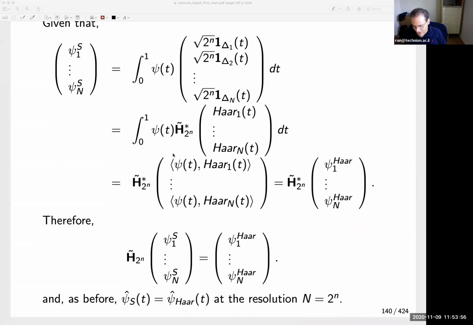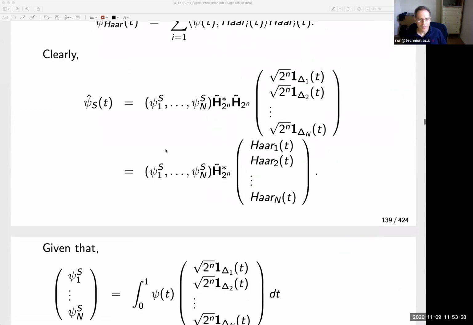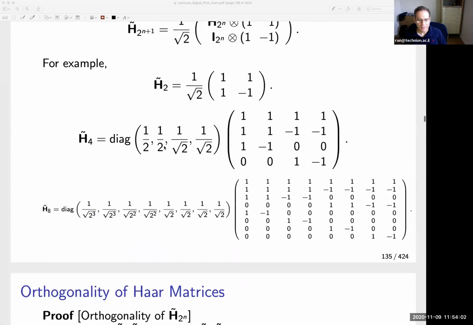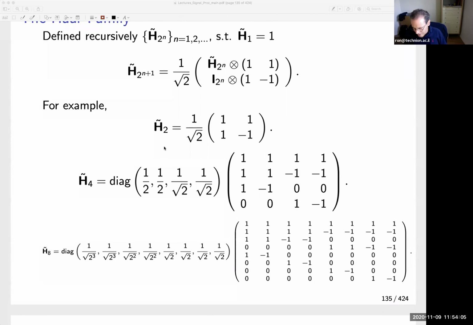Why? Let's go back for a minute to the way that the Haar was constructed. If I look at how the Haar was constructed, so let's look at the 8, what I see is that until this level, I basically did everything to the resolution of twice the signal.